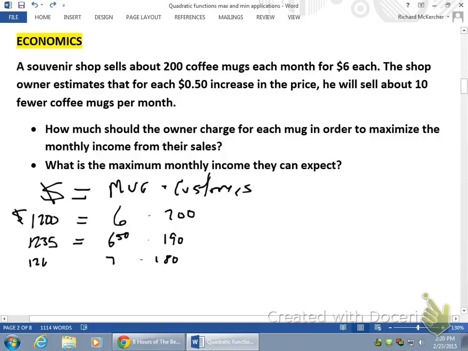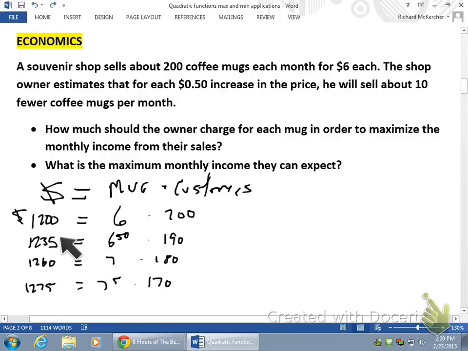And that is certainly one way to do this problem. I wouldn't blame you a bit if that's the way you wanted to do it. Now, I do want to show you why it's quadratic, though. I've already noticed right here that even though this is going up 50 cents, 50 cents, 50 cents, the profit is not going up by the same amount.